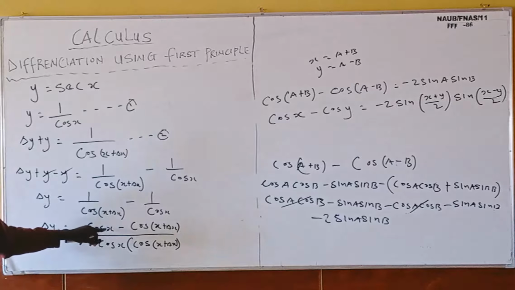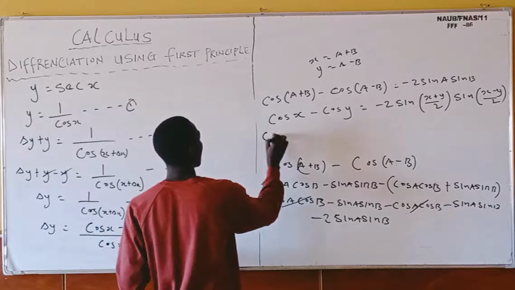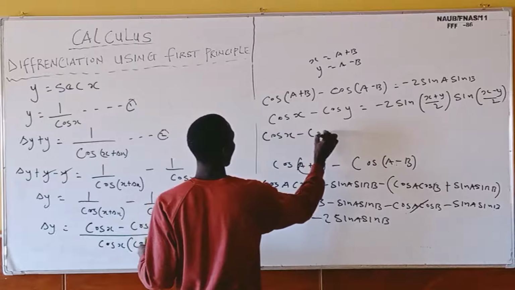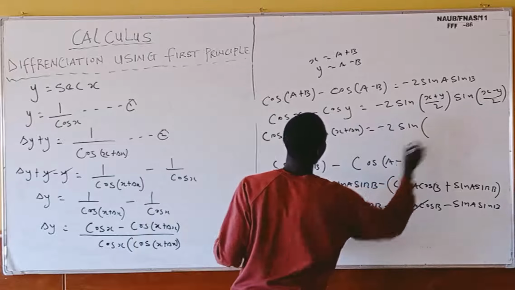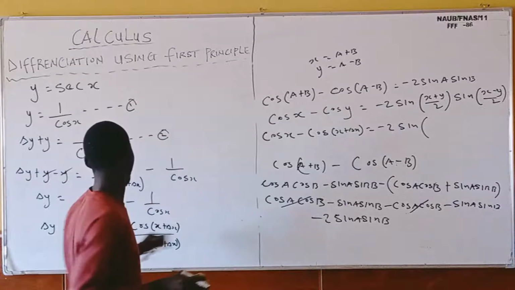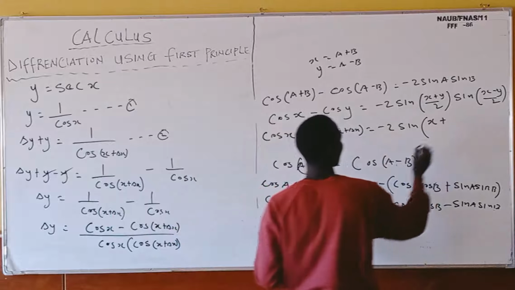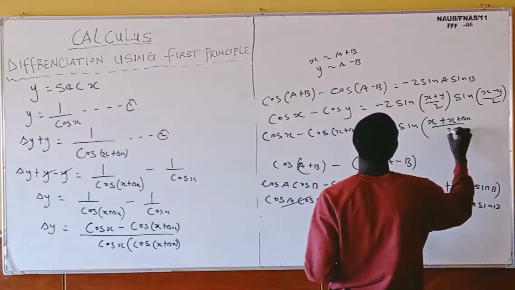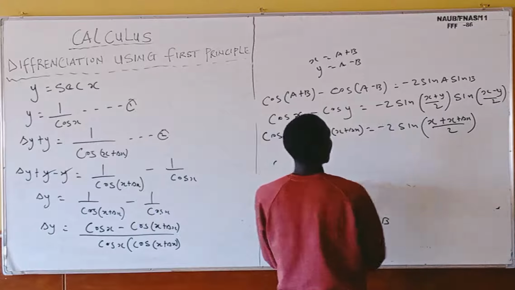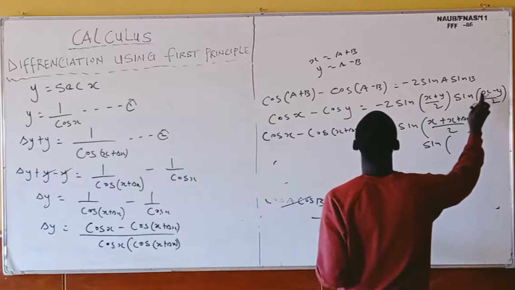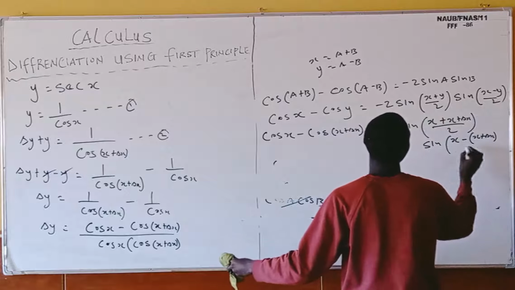Okay, now from here, this one will be my s, and everything here will be my y. So it means that cos s minus cos(s plus change in s) will be equal to minus 2 sine of (s plus (s plus change in s)) all over 2, sine of (s minus (s plus change in s)) all over 2.